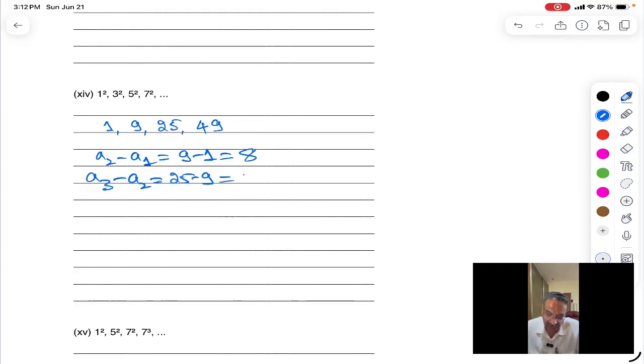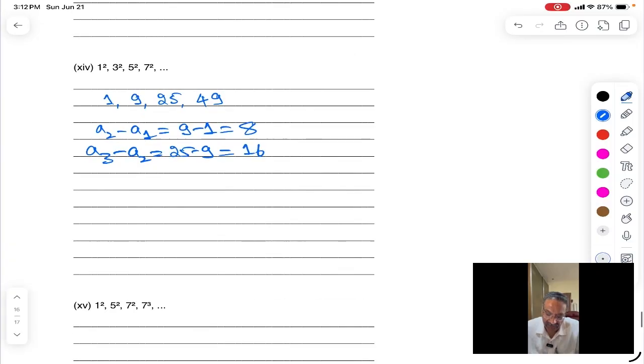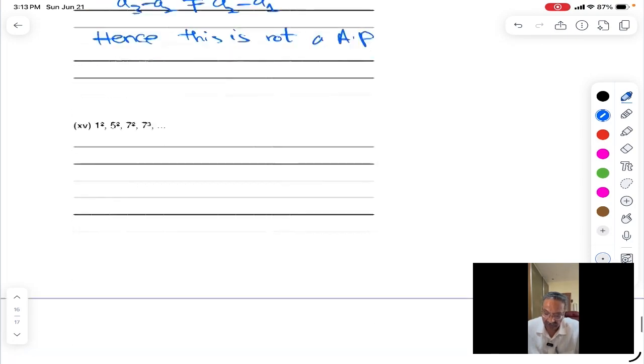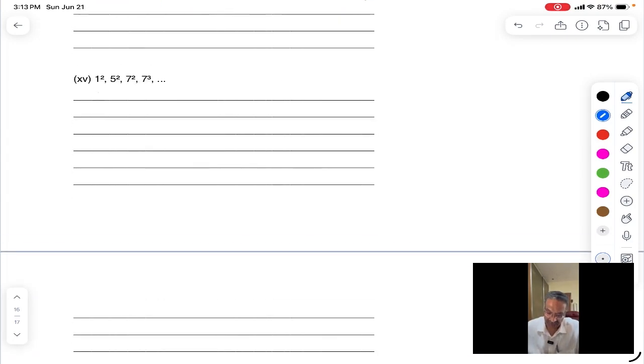A3 minus A2 is equal to 25 minus 9 is 16. So they are not equal. A3 minus A2 is not equal to A2 minus A1. Hence, this is not an arithmetic progression.